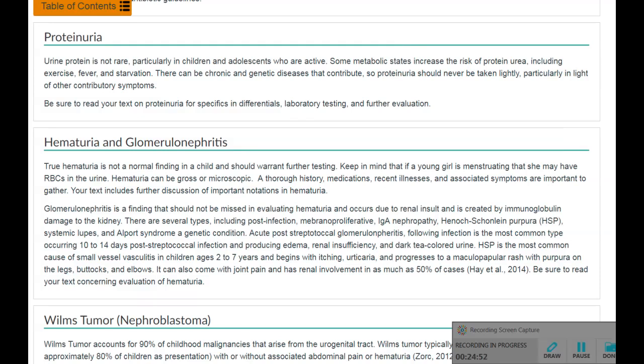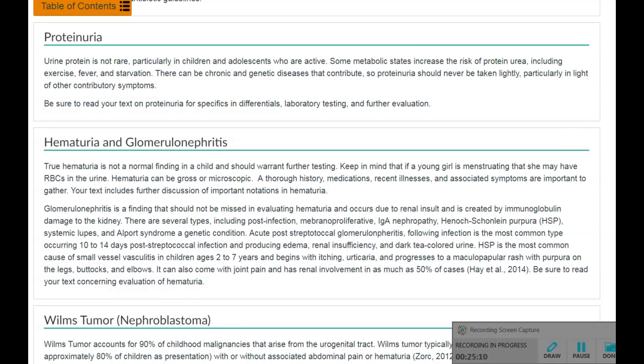Acute post-streptococcal glomerulonephritis results in edema, renal insufficiency, and dark tea-colored urine.